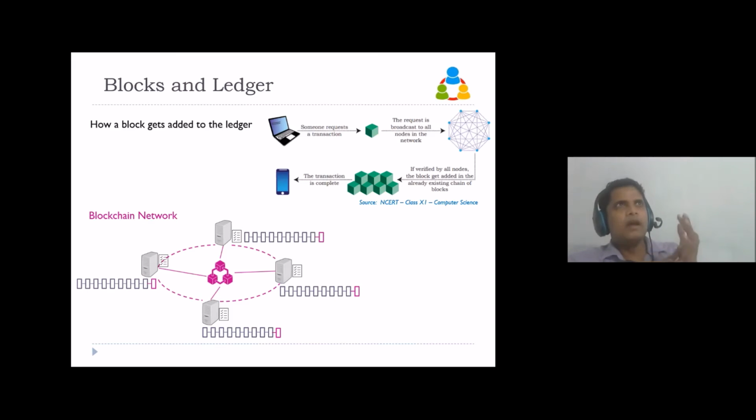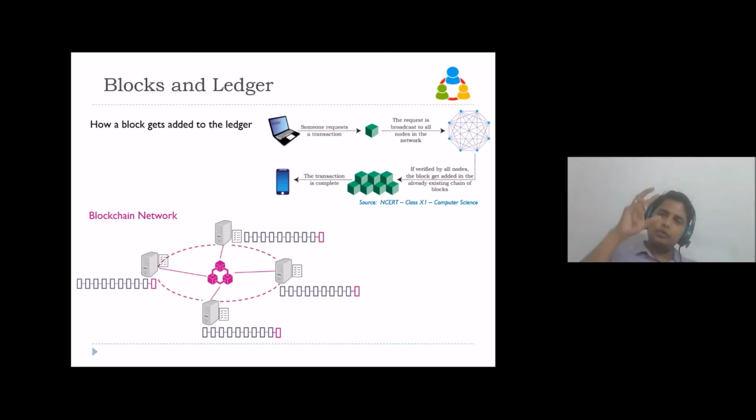Double spending means, let's say I have 100 rupees in my hand, in my wallet, in my purse, in my account, 100 rupees, and I say that I am giving 50 rupees to Satish. I write in the ledger that there is a transaction which says 50 rupees to Satish. There is another transaction which says I will give 50 rupees to Ram. The same 50 rupees will be sent to, let's say, Rohan.